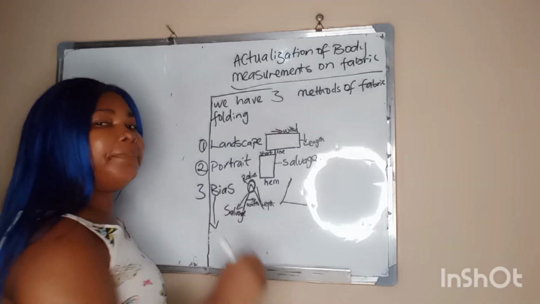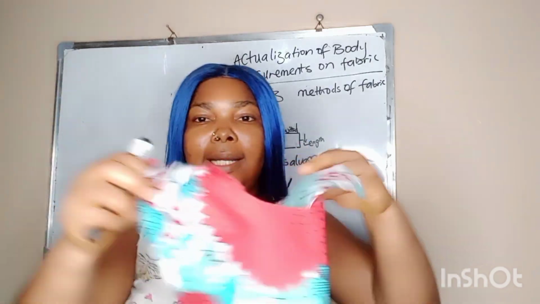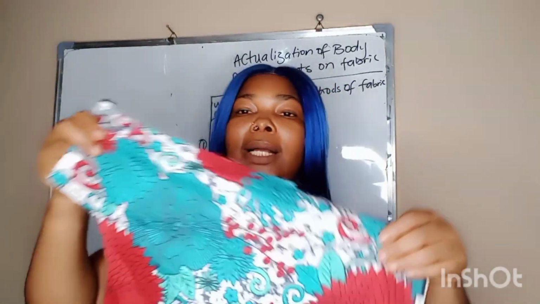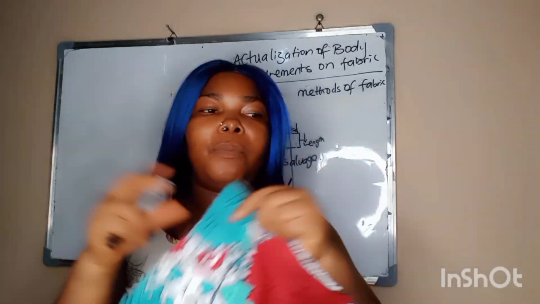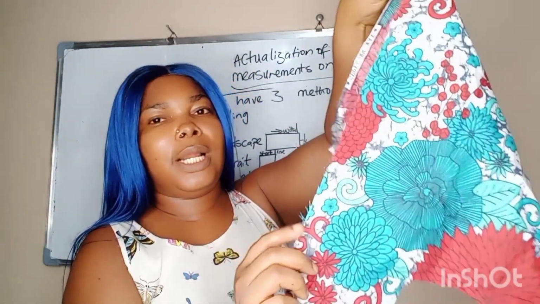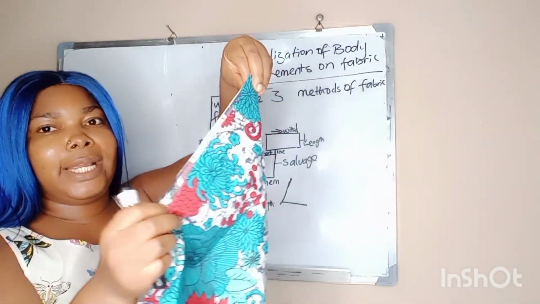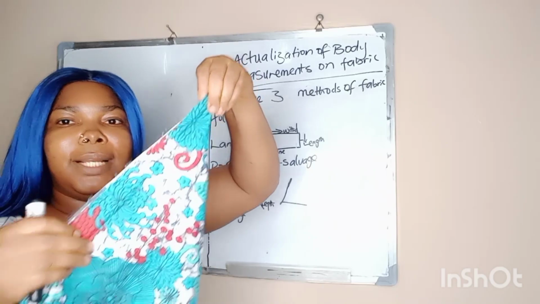When you fold it in bias, this is what it means by folding in bias. Now your fabric is neither folded in a landscape form nor a portrait form, or rather it is folded from one edge to another edge, giving it this triangular shape.